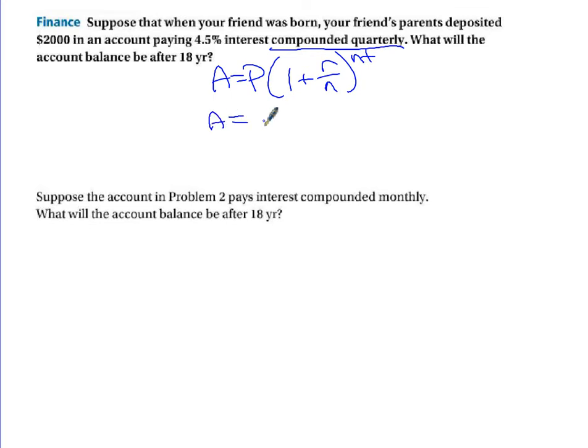So what is P? Yep, P is the initial amount, which was $2,000. So we're going to write 2,000, parentheses, 1 plus, what is R? R is the interest rate. What is the interest rate? 4.5, but that's percent.